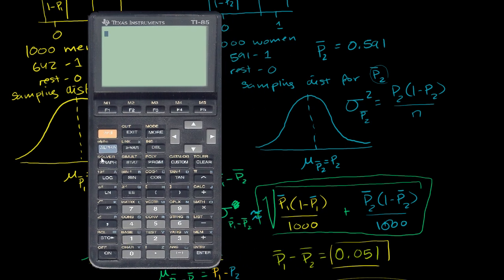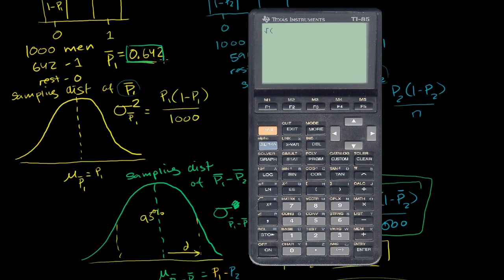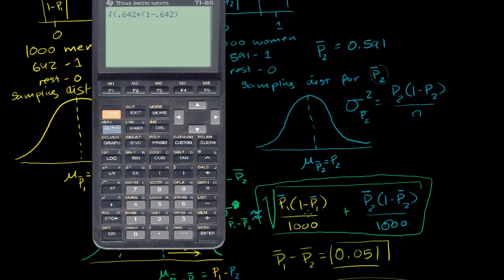So what we have is the square root, and then in parentheses, our sample proportion for the men is 0.642, and then we're going to multiply that times 1 minus 0.642, close parentheses. That's that over there, divided by 1,000. And then we're going to add to that the same thing for the women.